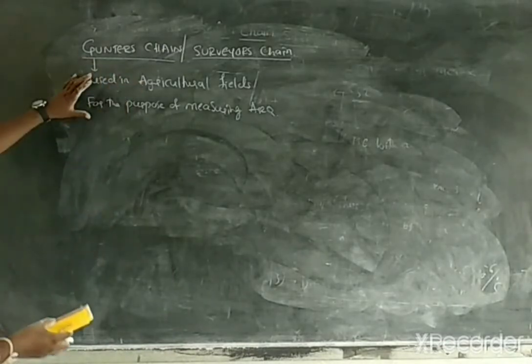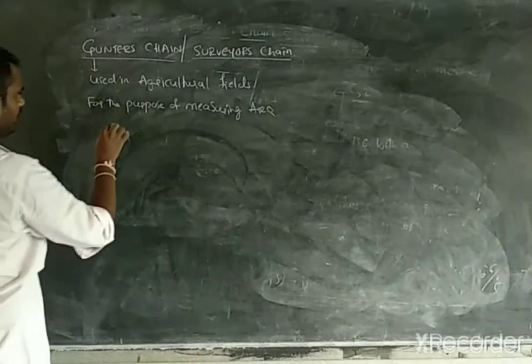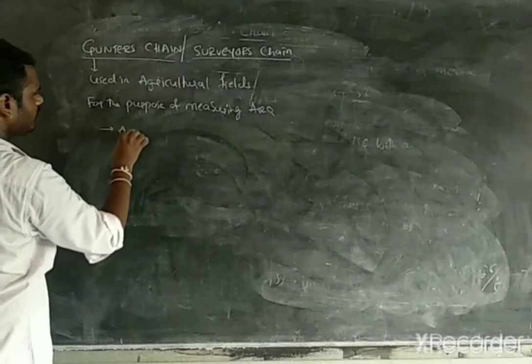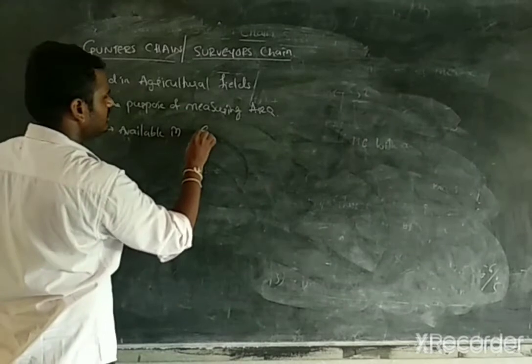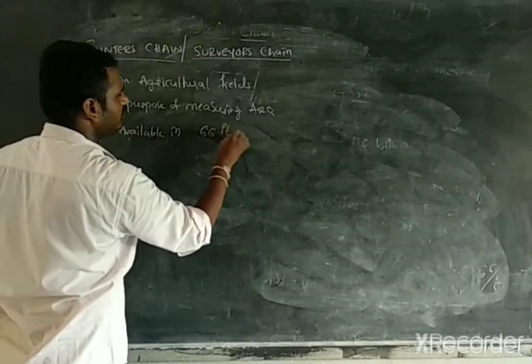Okay, so I will tell you, Gunter chains are available in 66 feet length.